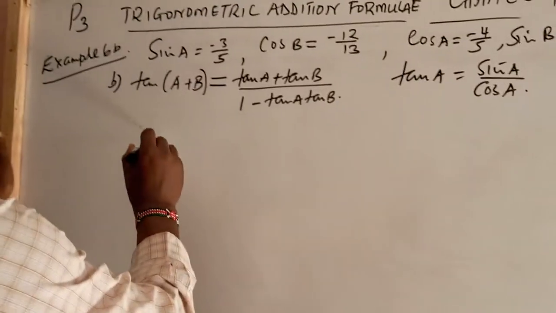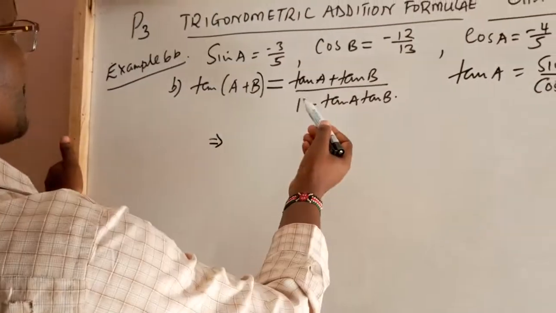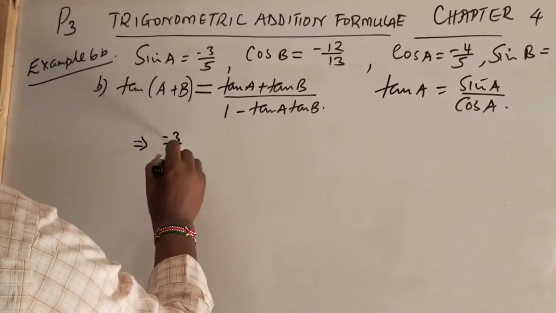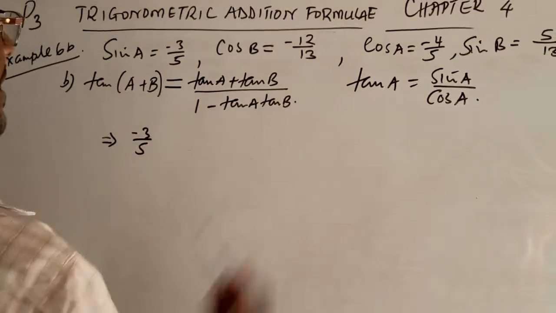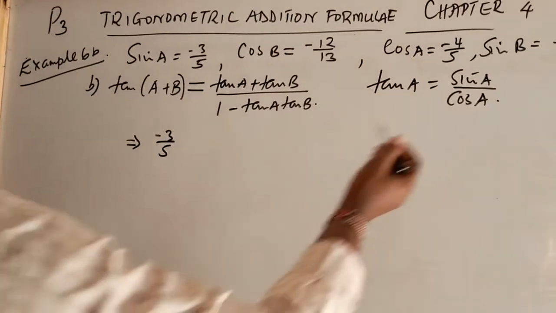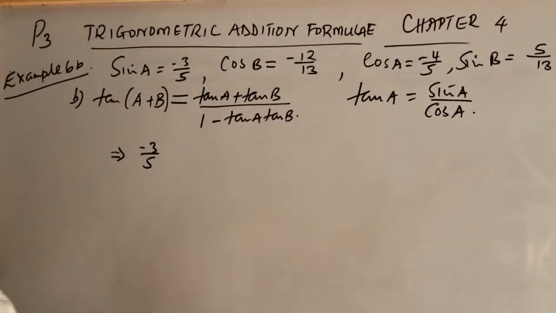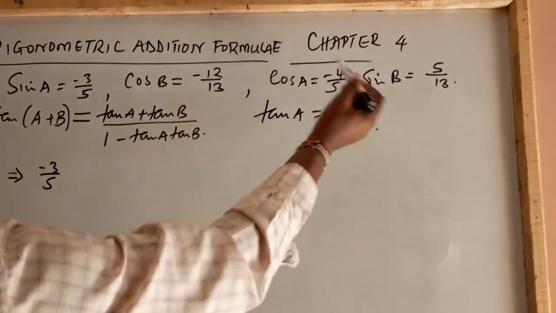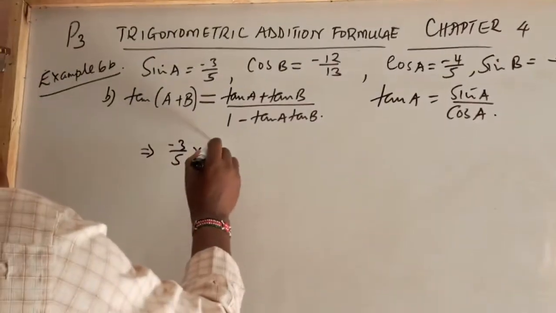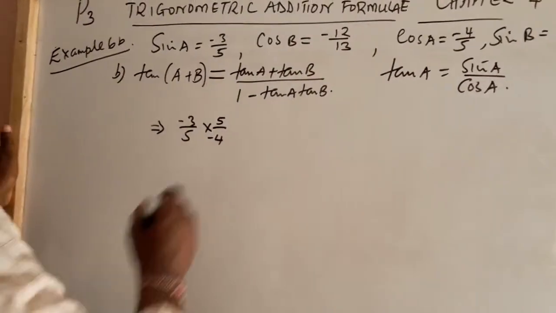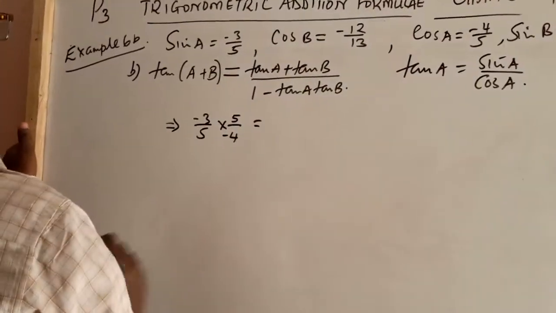And in this case, we have the tangent of A to be the sine of A, which is minus 3 over 5, divided by the cosine of A, which is minus 4 over 5. And because we are dividing by a fraction, it is the same as multiplying by its reciprocal.